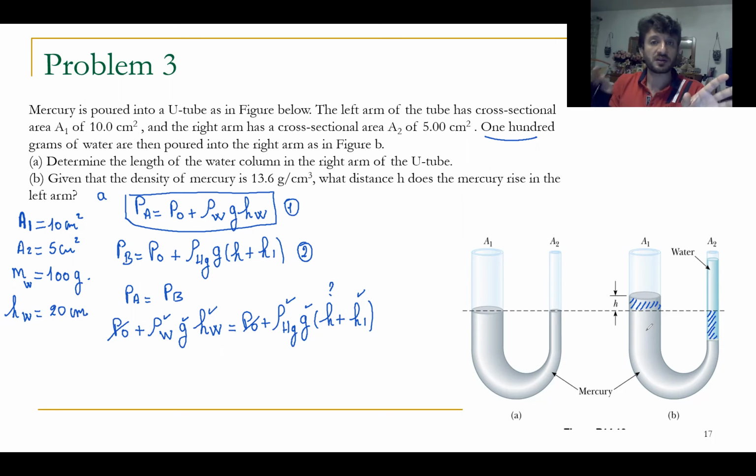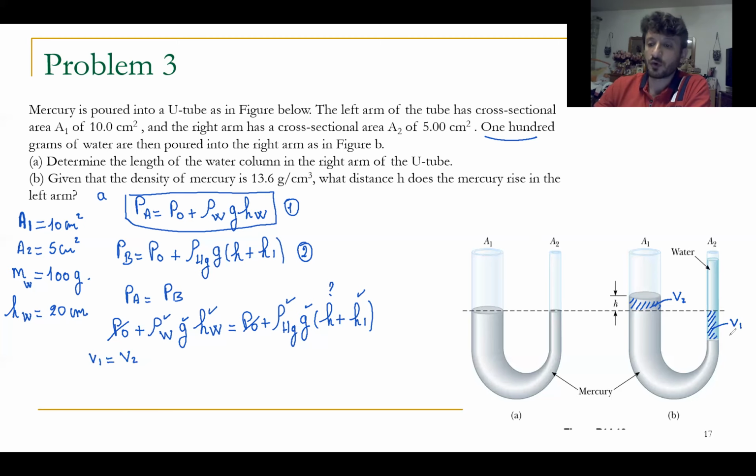If A1 equals A2, we get the same H down and H up, the same height. But in all cases, we have the same volume. So the volume here equals the volume here. Okay, we can say V1 and V2. So we have V1 equals V2.